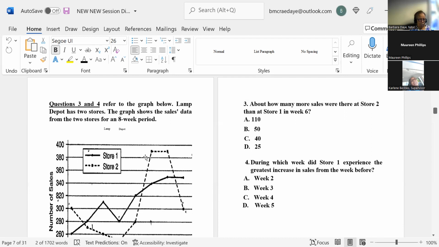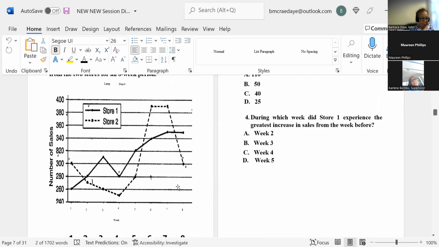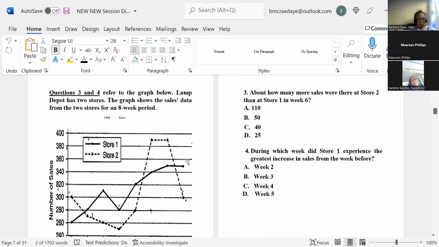And so this is the sales data for 2 stores over an 8-week period. Now they're all on one line graph, right? So you know the solid line represents store 1, and these little dotted lines represent store 2.